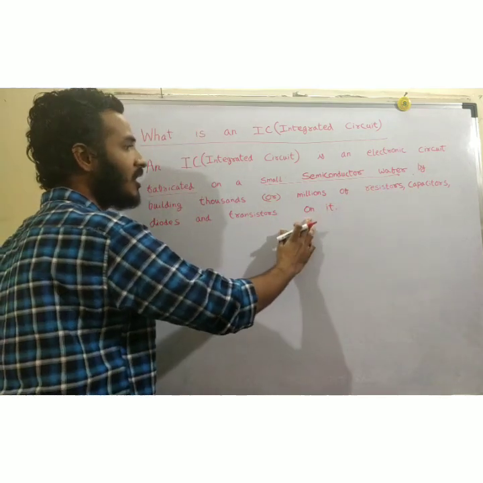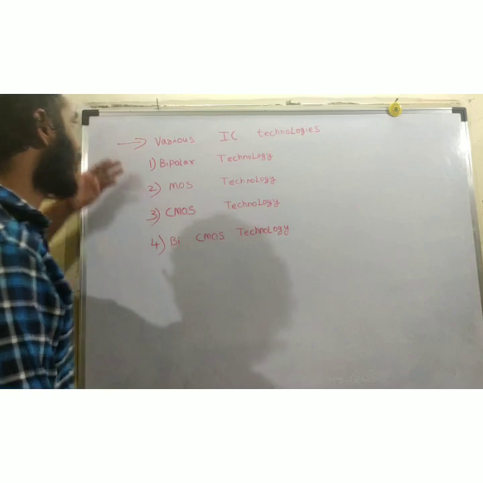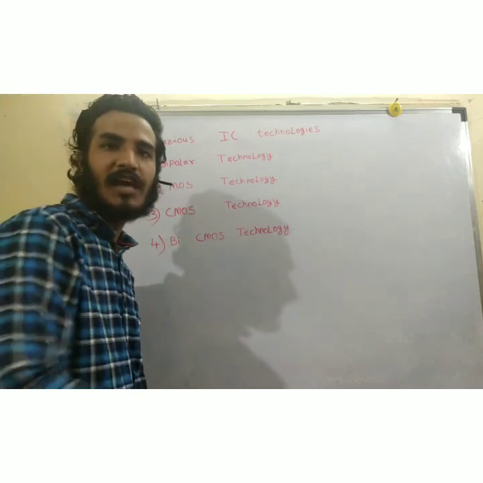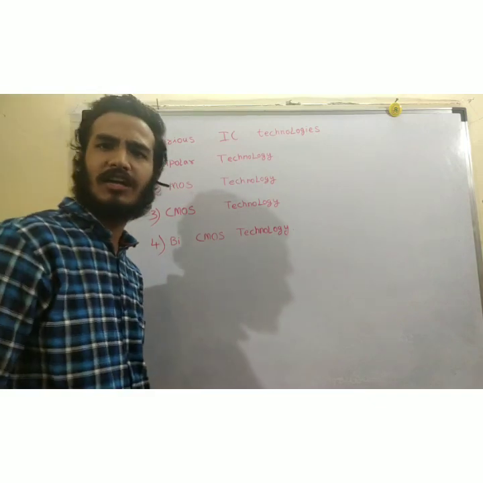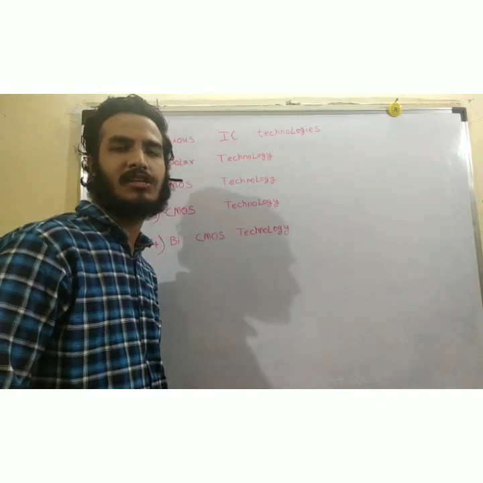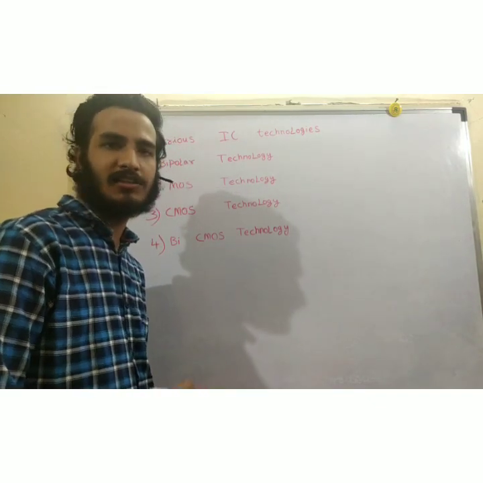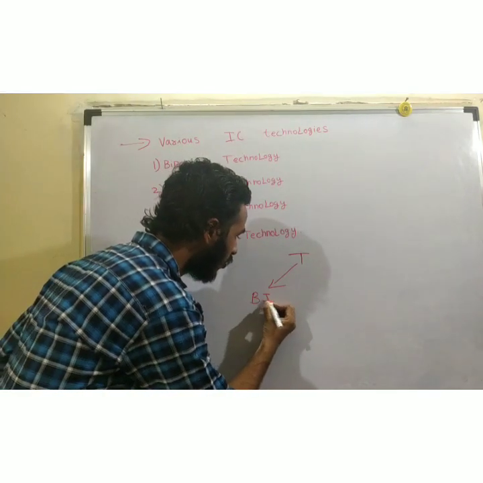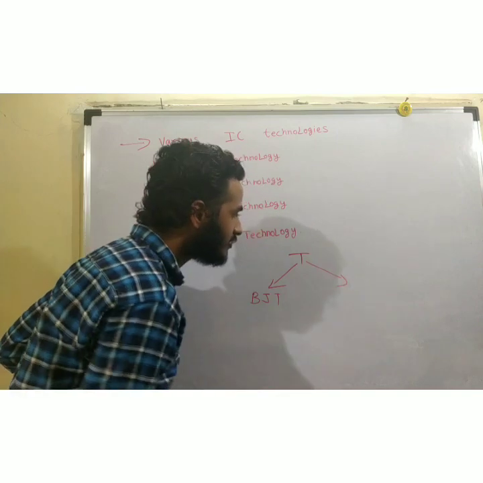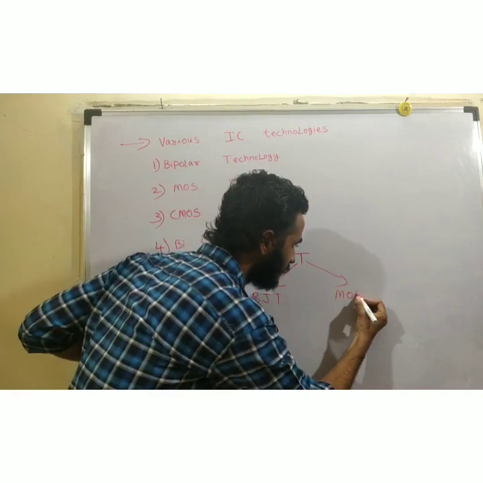and transistors on it. Now we will see various IC technologies. How these IC technologies came into existence: for any circuit, the active element is the most significant element, that is the transistor. The transistor can be BJT or the transistor can be MOSFET.